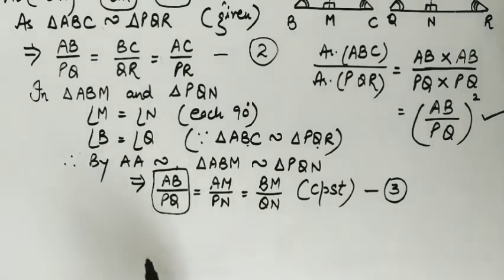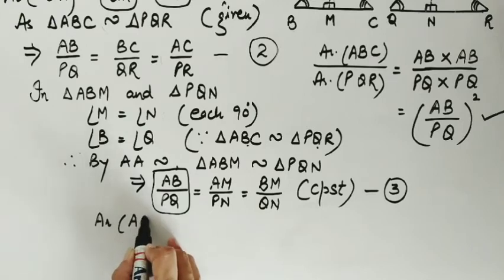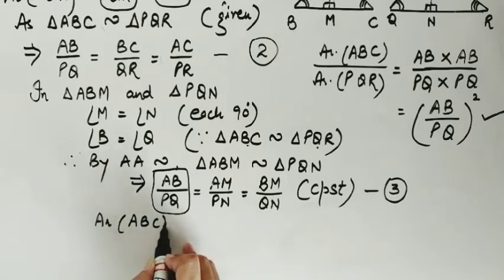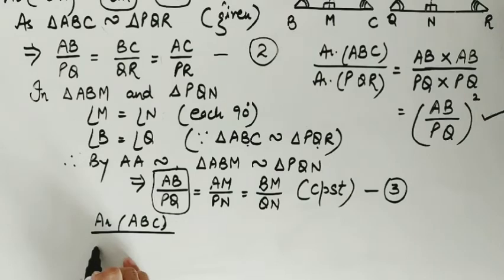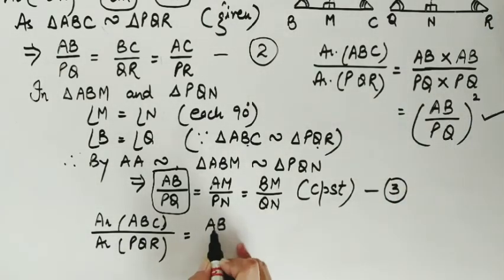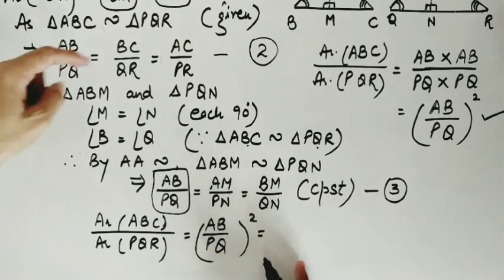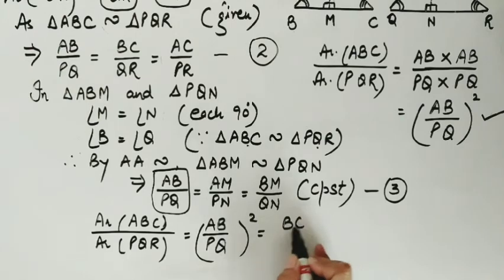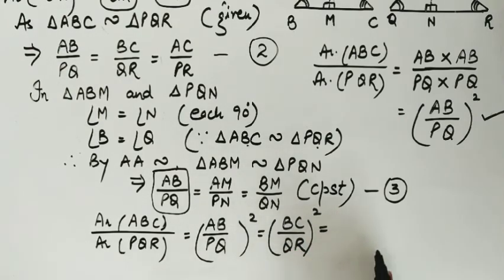Let me conclude by saying, the concluding step would be: area of ABC upon area of PQR, these were the two similar triangles we took. We have proved that it is equal to AB by PQ square. Since AB by PQ is equal to BC by QR, it would be true for the second pair of sides, as well as for the third one.